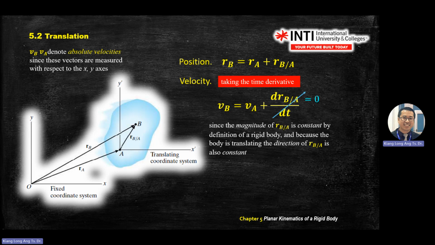If your two eyeballs' distance is always the same and you time differentiate it, you'll get 0. For a rigid body, the distance between two points or two pins doesn't change. So when you do the mathematics, this one equals 0. What does it mean? It means that for a rigid body, velocity B is the same as velocity A.